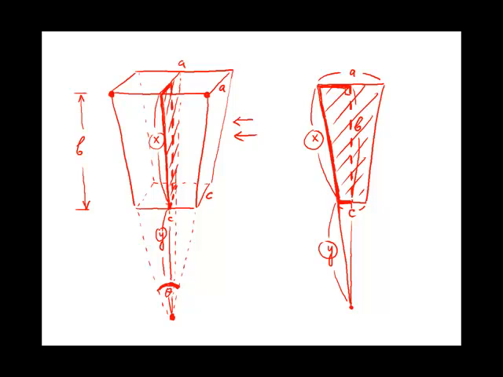Consider this picture here. Consider two triangles. One is a big triangle with these three corners: 1, 2, 3. The big triangle.